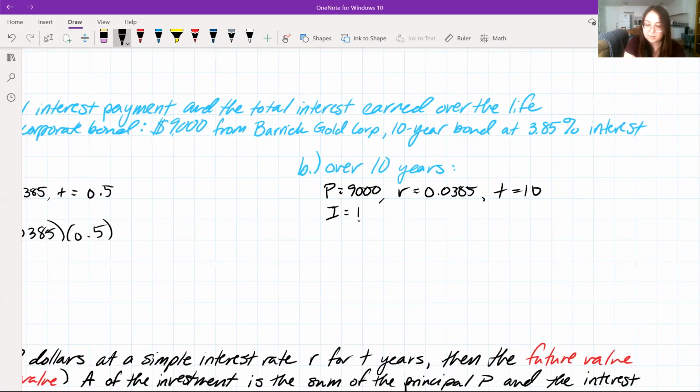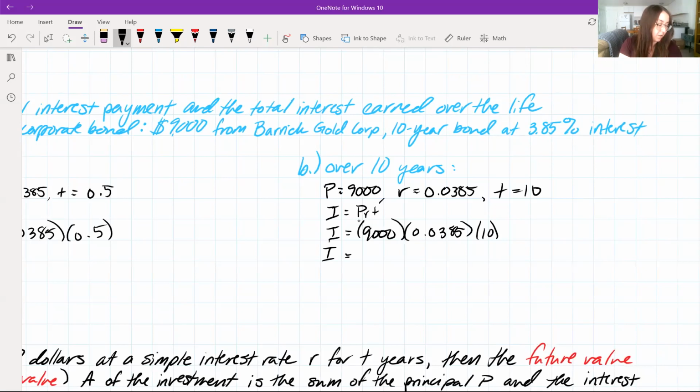So we'll calculate this the same way, and we get that our interest is equal to principal, which is 9,000, our rate at 0.0385 times our time, which is 10.